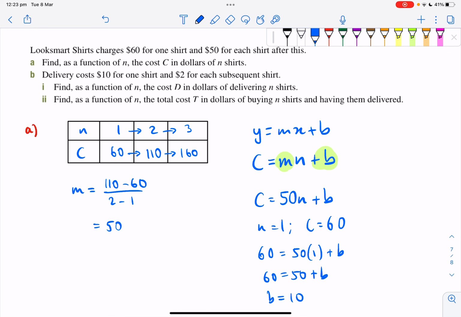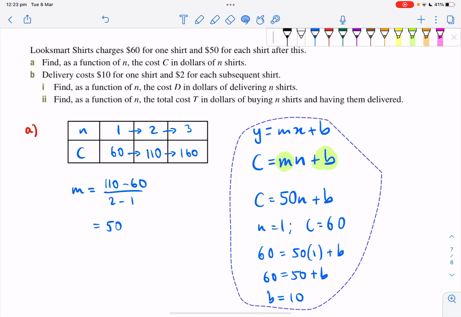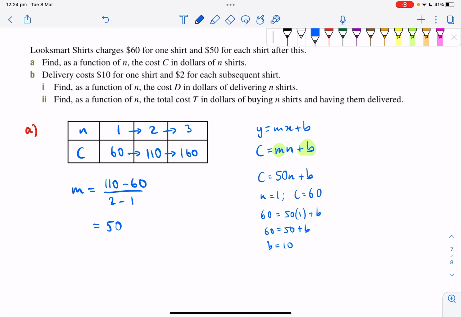Well, there we go. So now I've got my equation. And therefore, C equals, and we're subbing B equals 10 back into here. So C equals 50n plus 10. And that's question 8 done.